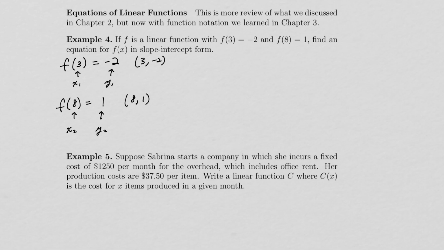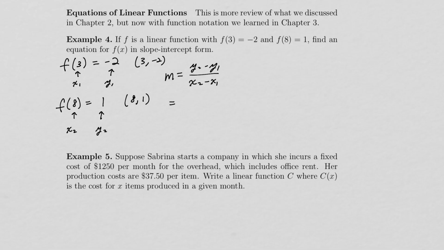So how do I find the equation of a line? Well, I first need to calculate the slope. I'm going to need the slope. So the slope will be y2 minus y1 over x2 minus x1.